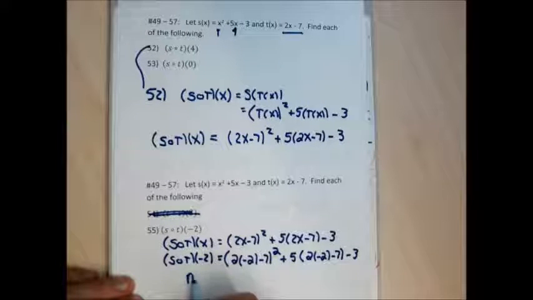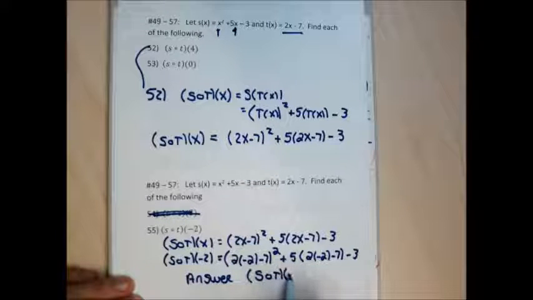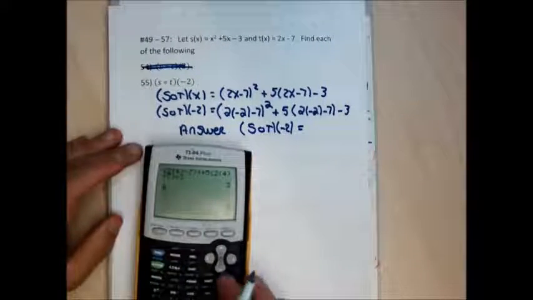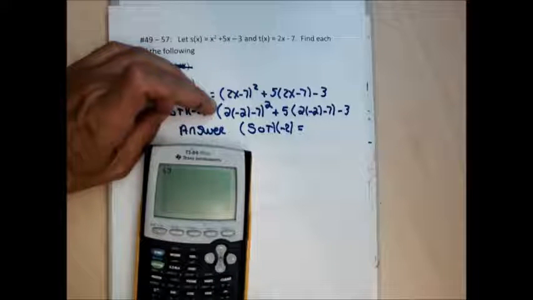And then ultimately, for my answer, I'm going to write s composed with t of negative 2 equals, and whatever number that equals to, I'll throw down for my answer. So, yuck. On my calculator, I guess you don't need me to tell you what I'm typing in. You can see it, and hopefully you can do these on your calculator by now.